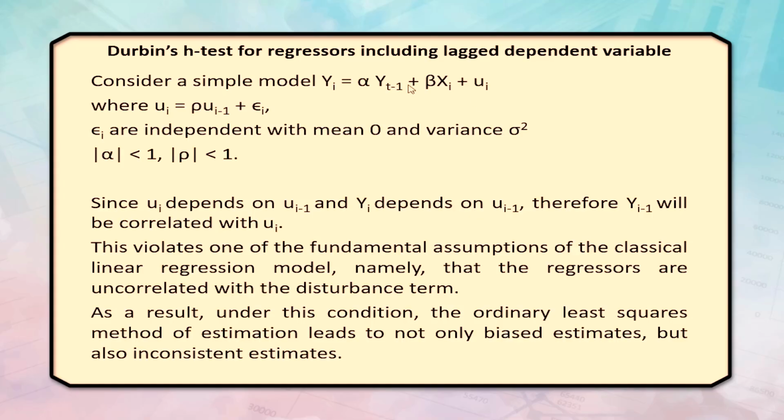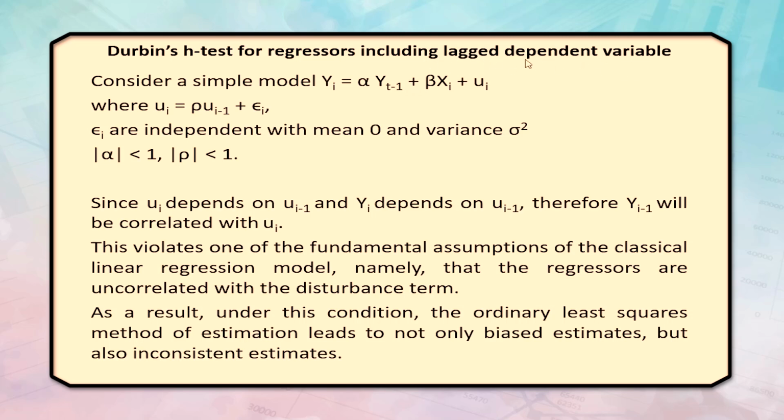Now, we are considering the case where one of the regressors on the right hand side consists of y_i with a lagged value, whereas y_i is the regressand. So, this is the case when we have a lagged dependent variable.